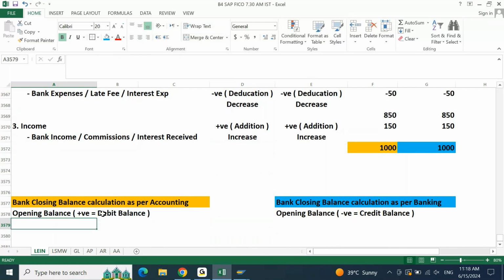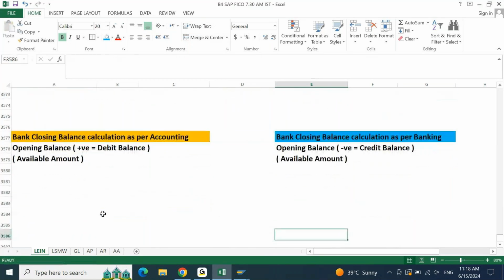This is the available amount. When we say available amount, the amount is ready for usage. Any amount that is ready for usage is nothing but a positive balance or debit balance according to your accounting. The same available balance, the same amount which you can use, is represented as a credit balance.